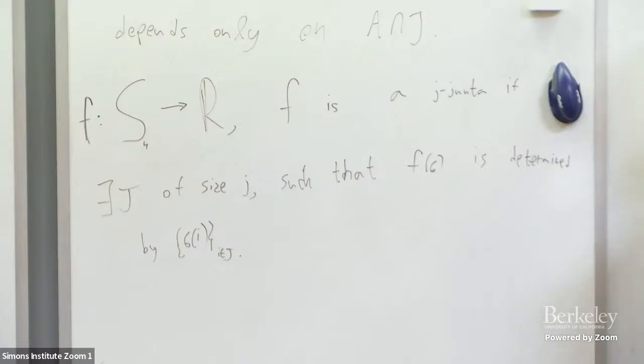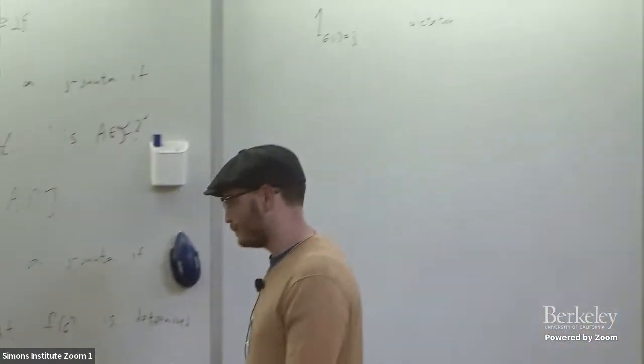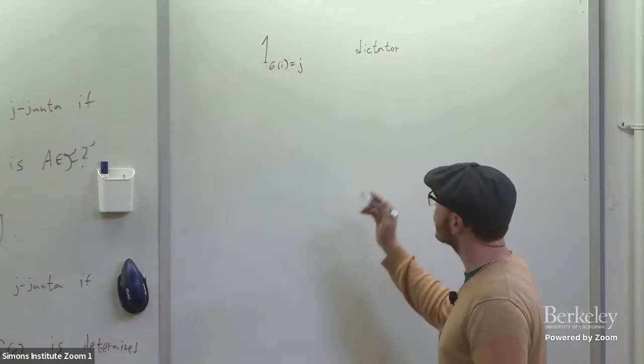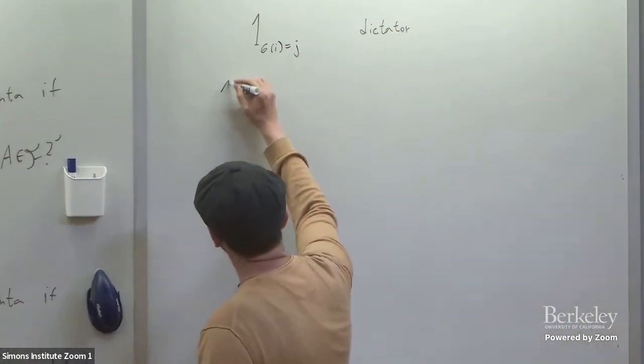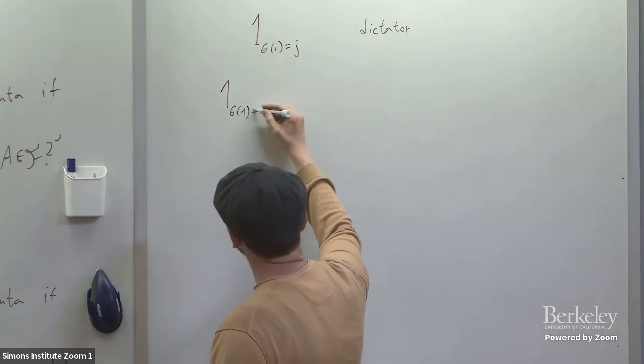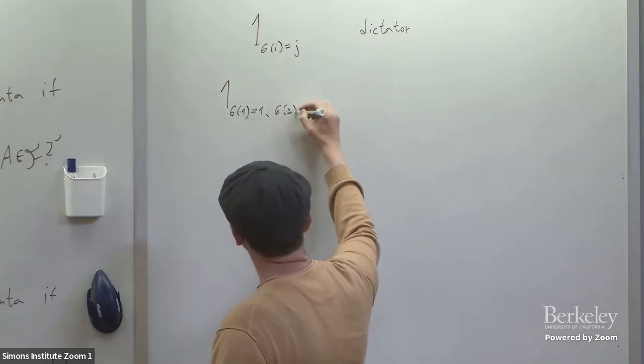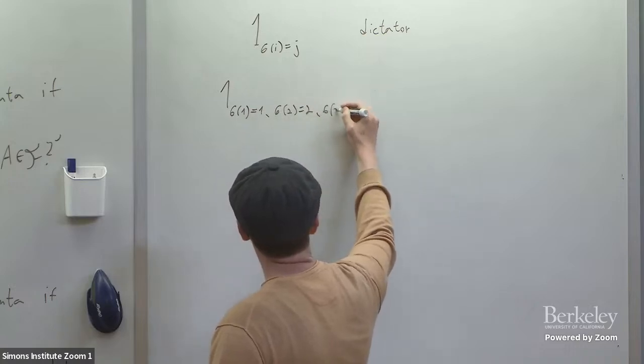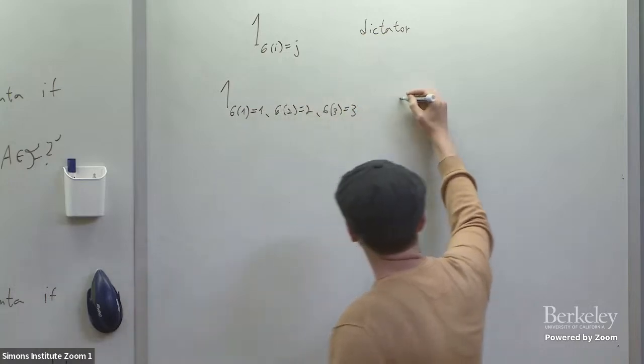This is a dictator. This depends only on the value of sigma on one coordinate. And you can also find something that depends on 3 coordinates. I don't know, the indicator that sigma of 1 is 1, and sigma of 2 is 2, and sigma of 3 is 3. This is a 3-Junta.